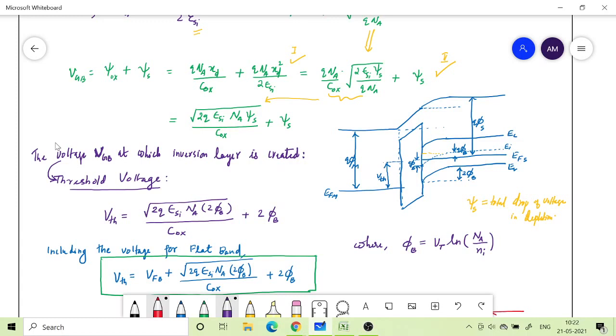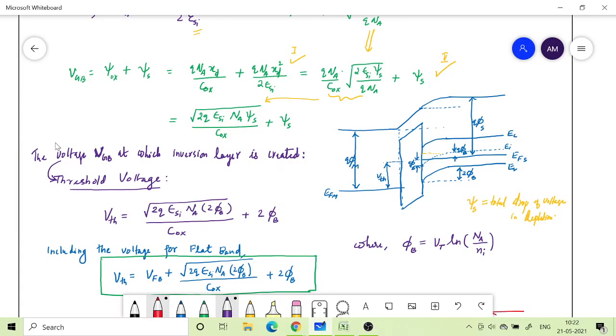You can see that at some voltage the bend is such that EI has gone down below EFS. From the last class, if you remember, we related the number of electrons to the difference between EI and EFS.